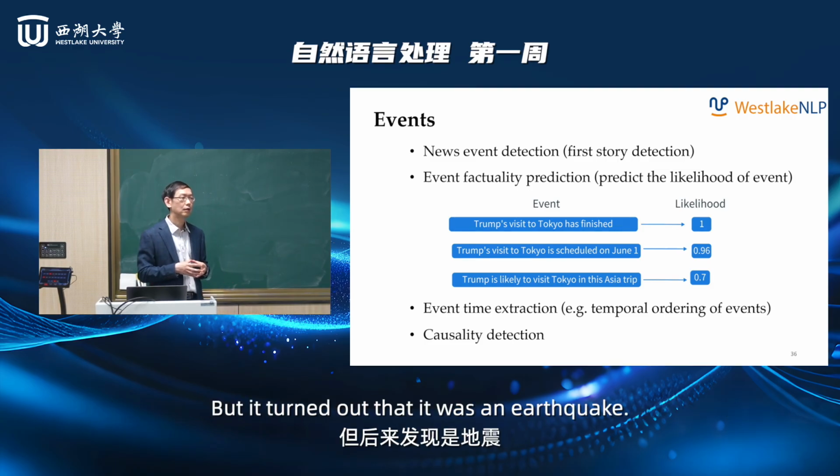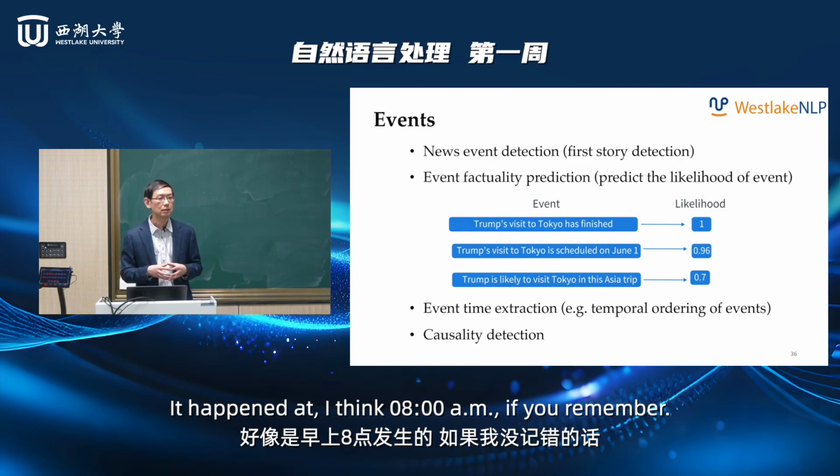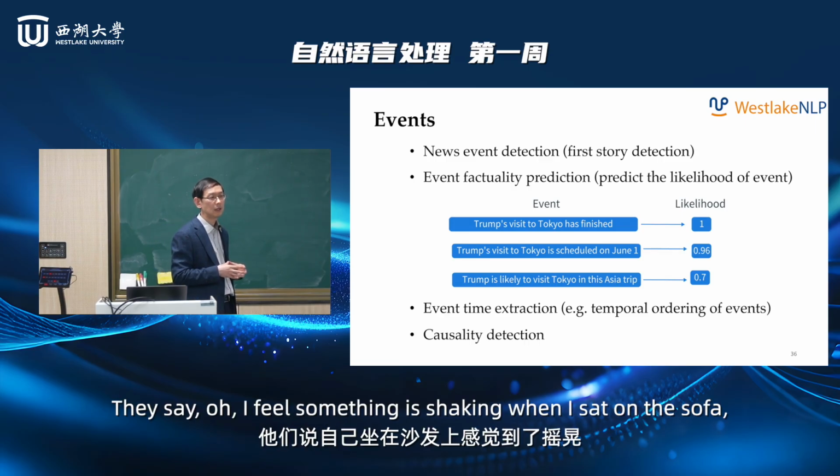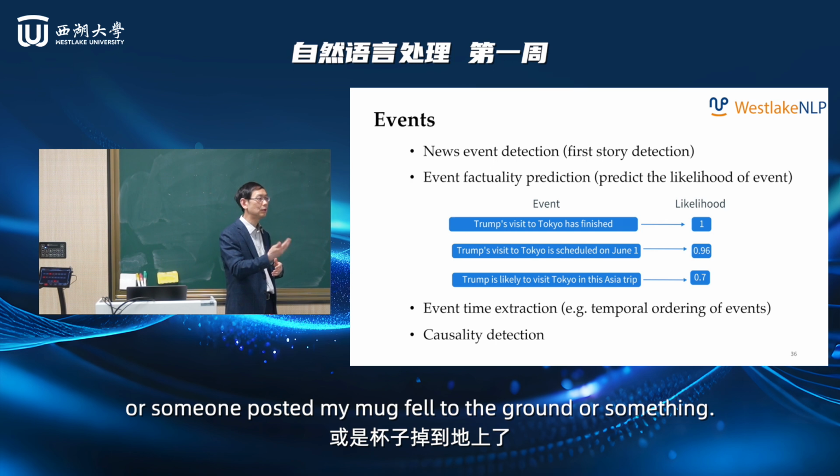But it turned out that it was an earthquake. It happened at, I think, 8 a.m., if you remember. And when that happened, a lot of people wrote in their social media. They said, oh, I feel something is shaking when I sat on the sofa. Or someone posted, okay, my mug fell to the ground or something.